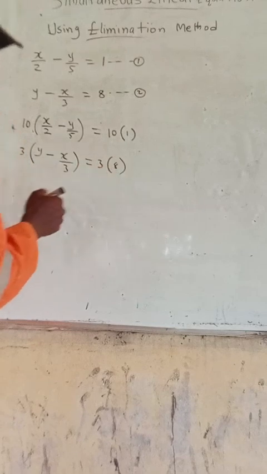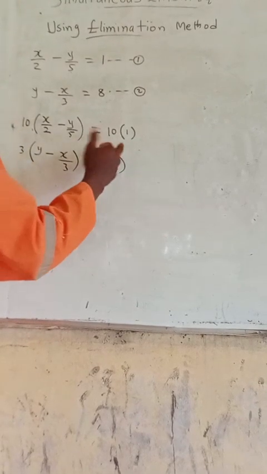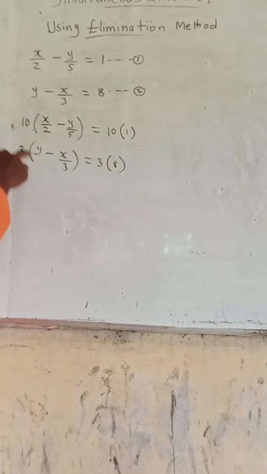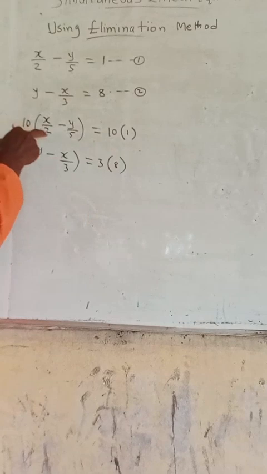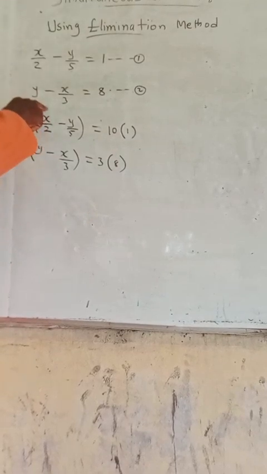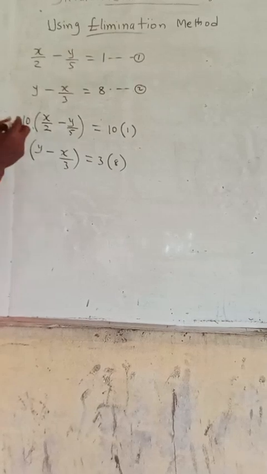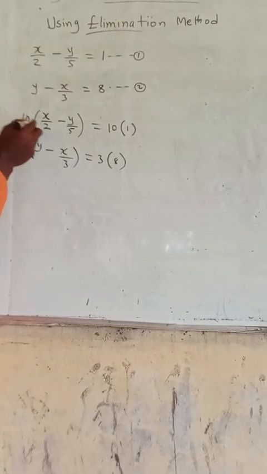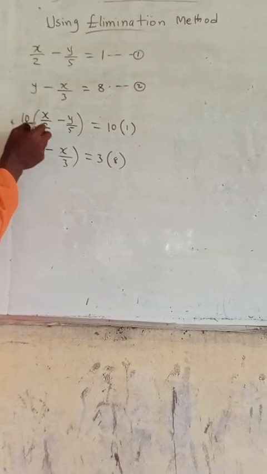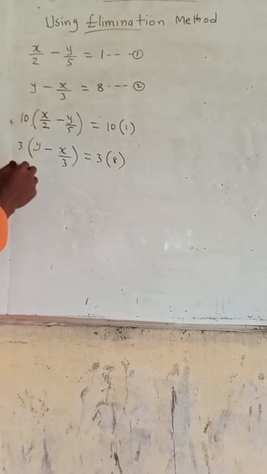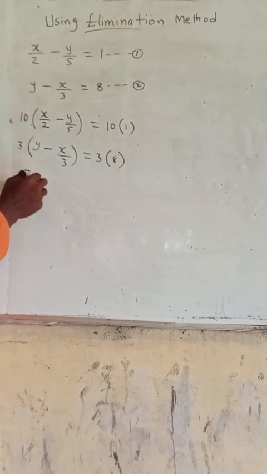Okay, so let's remove the multiplication sign. We say 10 divided by 2 times x. That's what we do: we take the LCM, 10, divided by the denominator, times the numerator. So 10 divided by 2 is 5, and 5 times x is 5x.